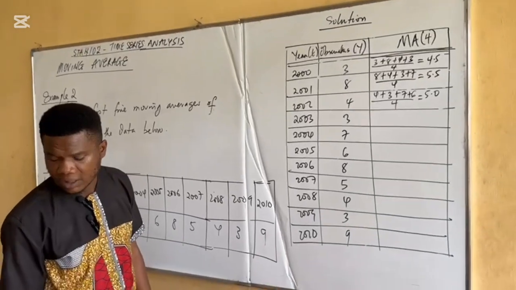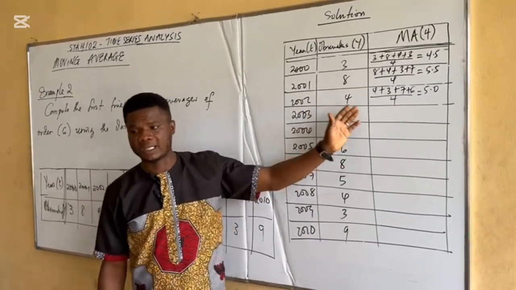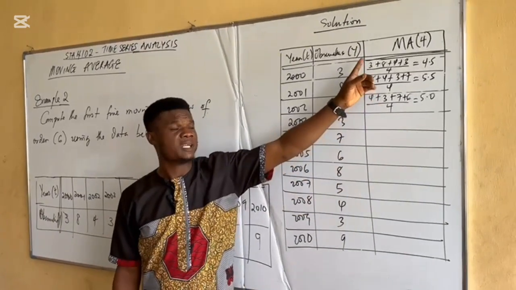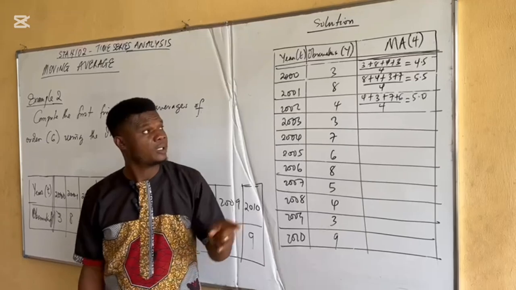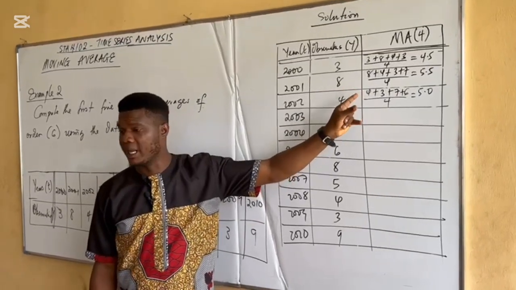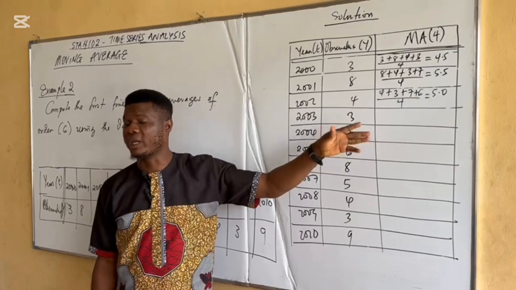Is it clear? Now, I'm going to explain certain things as it concerns the arrangement of this. In my next class, we'll begin with explaining that, before we go into another method, that is the method of freehand sketch.